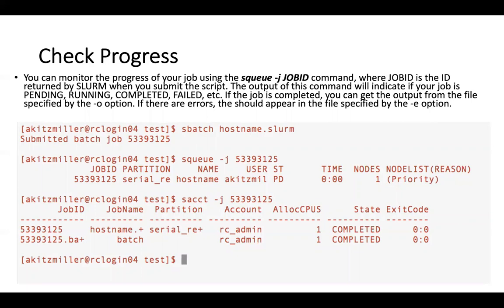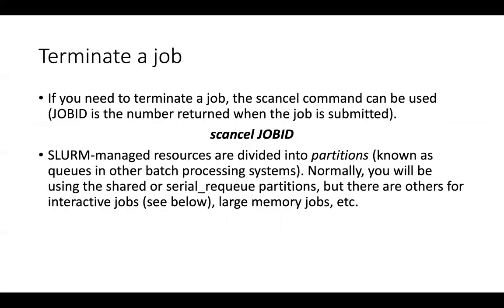Then you'll see it is submitted to the serial requeue partition, and the status ST shows PD, which means it's not running, it's still waiting, with a priority label. If it begins running, the ST will show as R, which is running. That's how we check the status of the job we submitted.